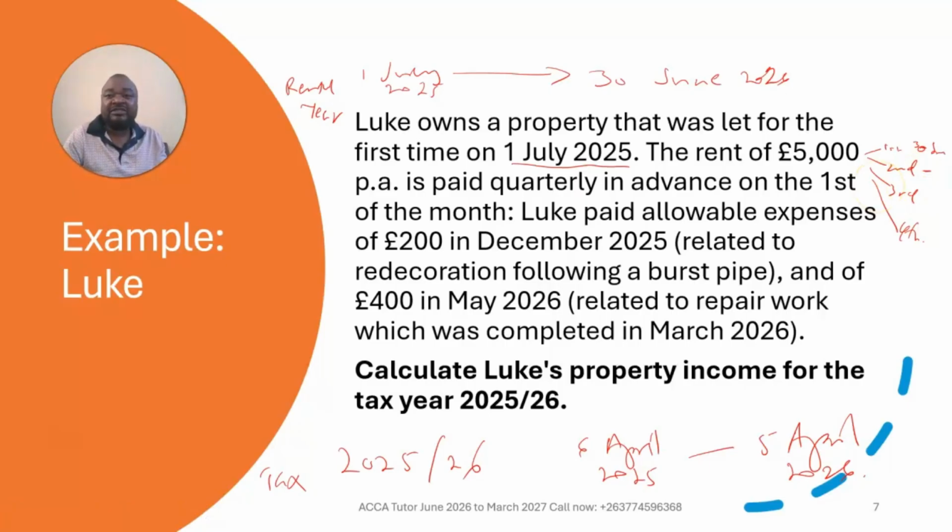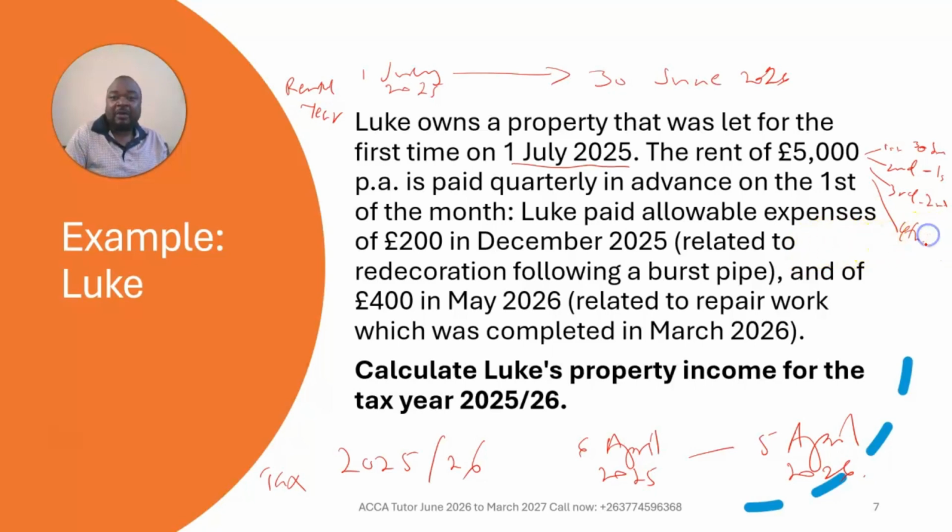That's when they received their first quarter. Then in the third, they received the second rental, and then in the fourth, they also received the fourth quarter. Remember, it starts from 1 January to 31 March.